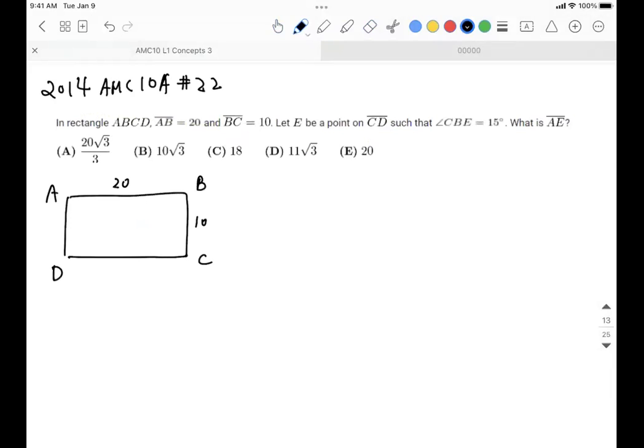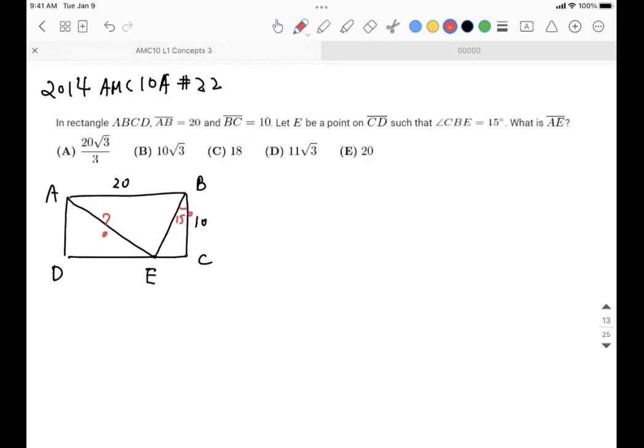Let E be a point on the side CD such that angle CBE equals 15 degrees. So the question asks you, what is the measurement for AE?